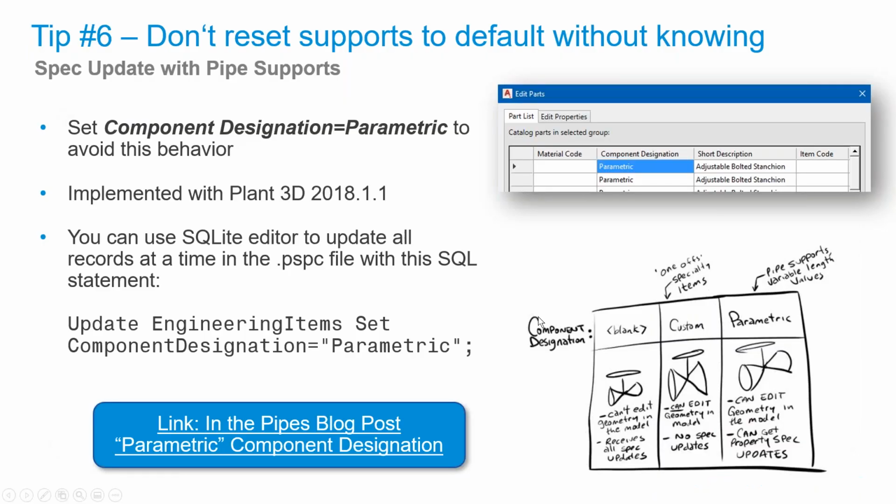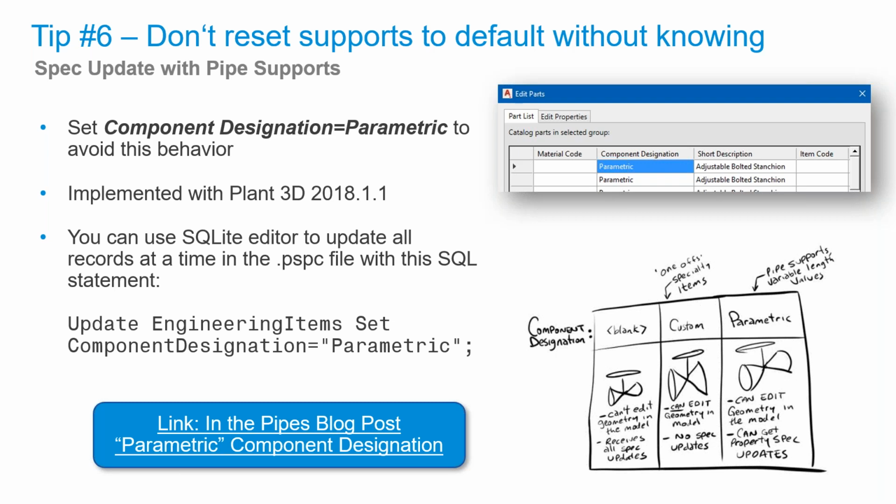And it's over here in the spec sheet itself under the component designation. So you can see that here. If you set this to be parametric as far as the component designation, that will keep the spec update from overriding those modifications you've done on the part dimensions for the support. This was implemented starting with the Plant 3D 2018 1.1 update, and all the future current releases do this as well.